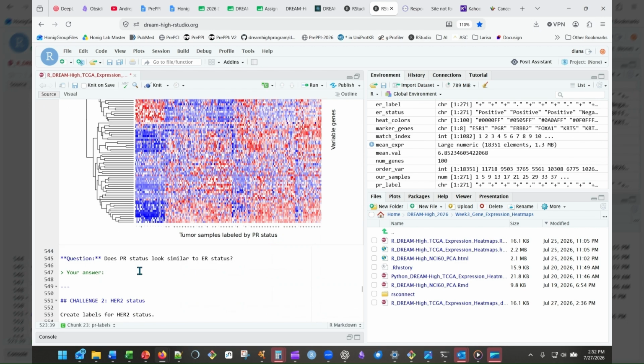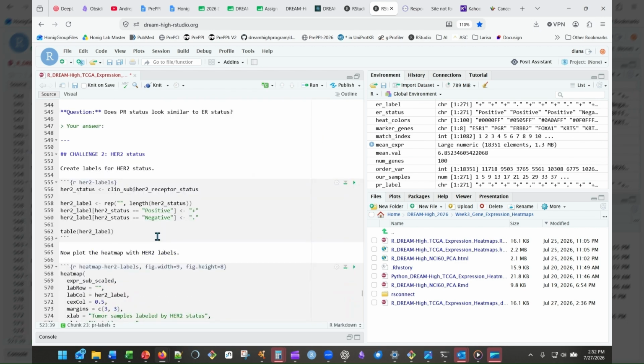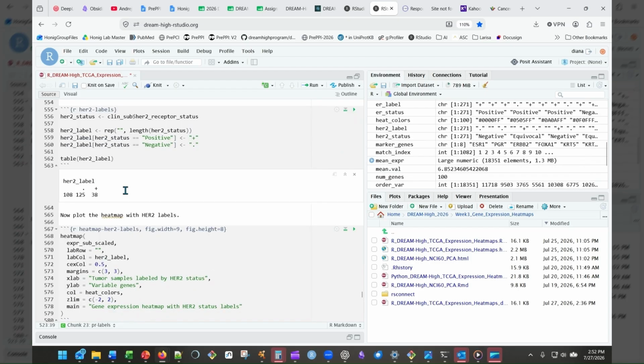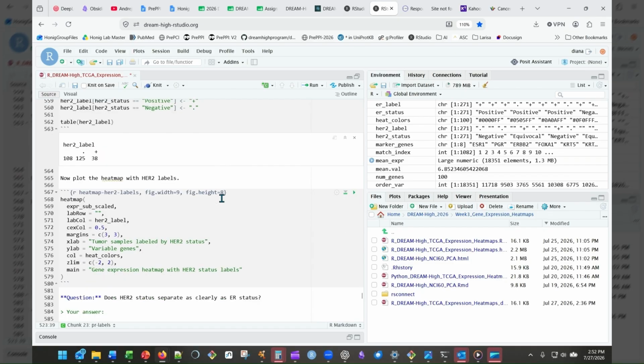Do they look similar? So now our second challenge question is the HER2 status. So let's give labels to HER2 positive and negative. And interestingly, look how many values we have that are indeterminate or missing. It's a lot. So we have to take that into account. We're going to be missing that data in our labeled heat map.